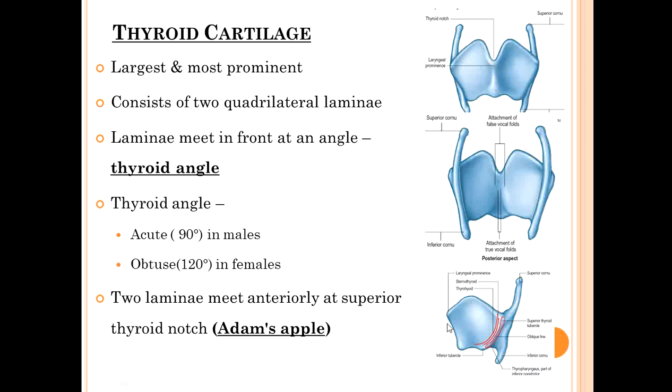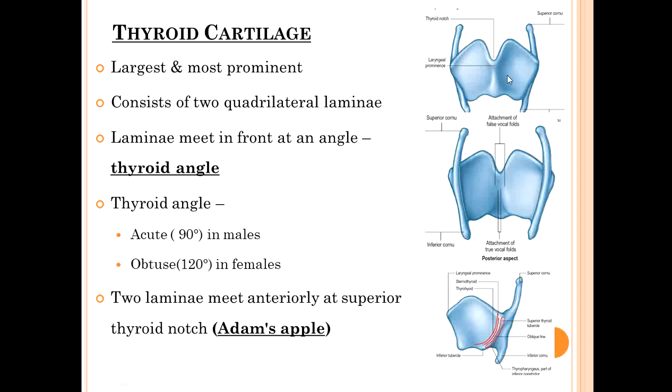You can see from the side view this is the thyroid angle, and this angle is acute in males. Acute means 90 degrees or less, and in females it is more than 90 degrees. Specifically, it is 120 degrees in females. That is why this lamina is more prominent in males, and these laminae meet anteriorly at the superior thyroid notch.